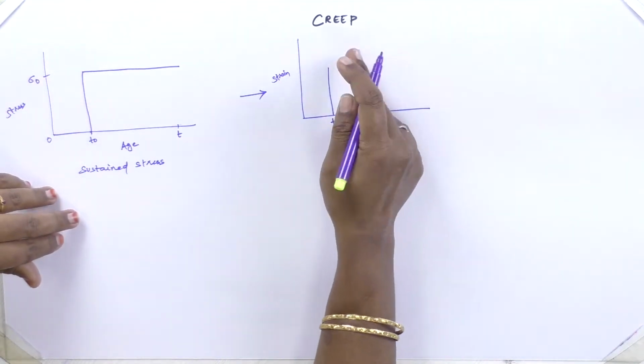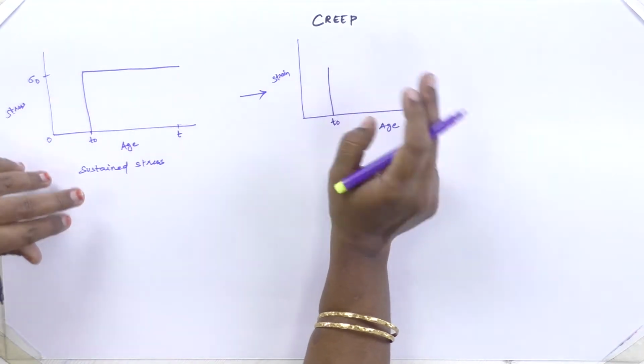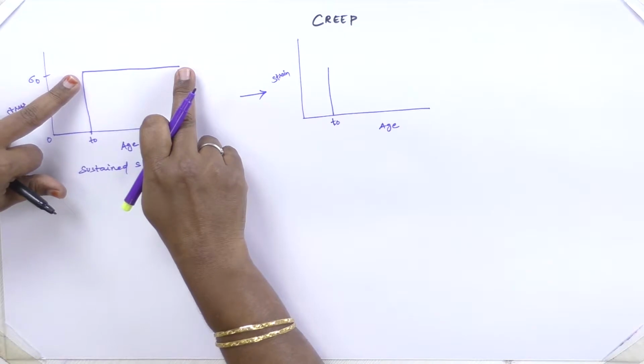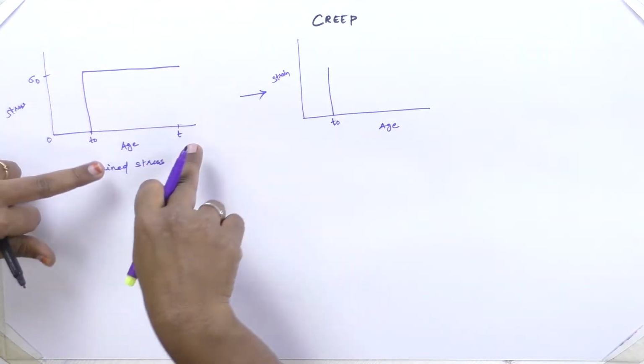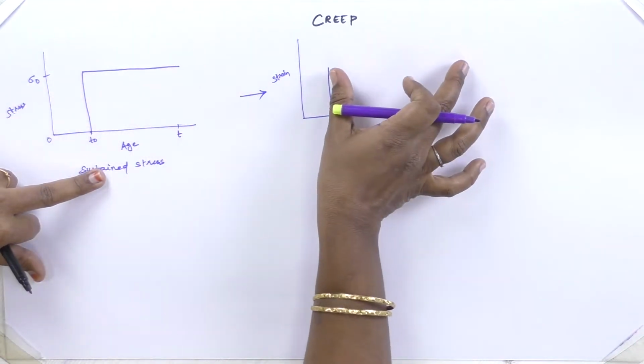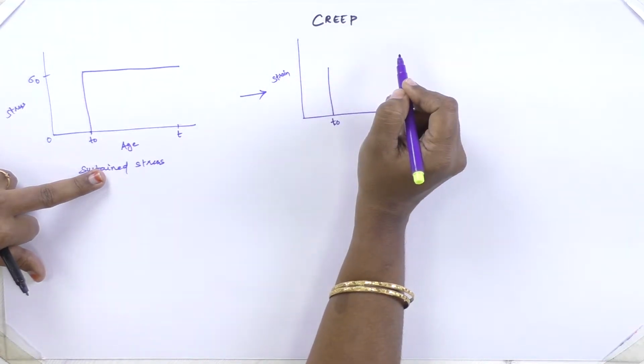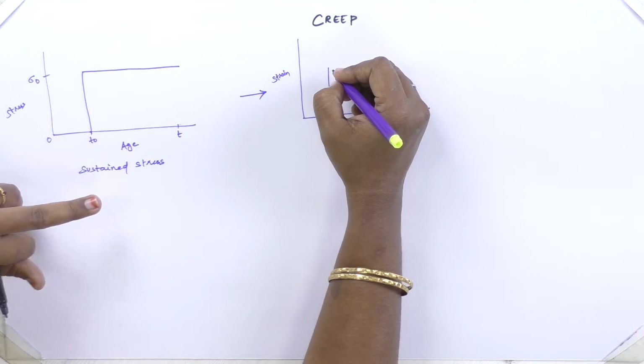After that I am maintaining the stress for a certain time period, and during that time period, what strain am I exhibiting here?